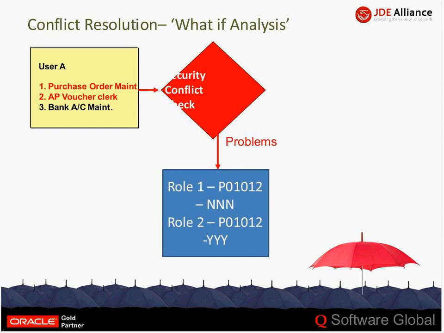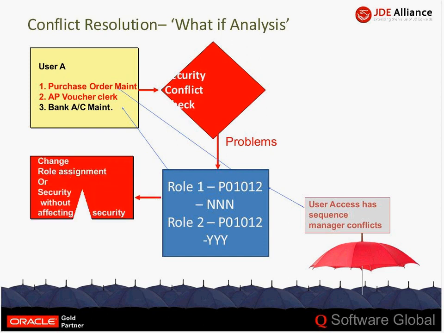So if the user signs in with both, we will only be able to inquire in the address book. So you can see sequence manager conflicts. Again, we can change the role assignment or security without affecting JDE.